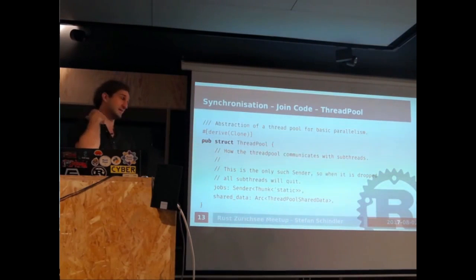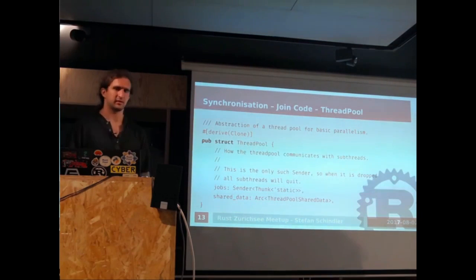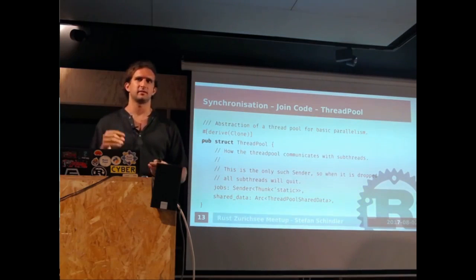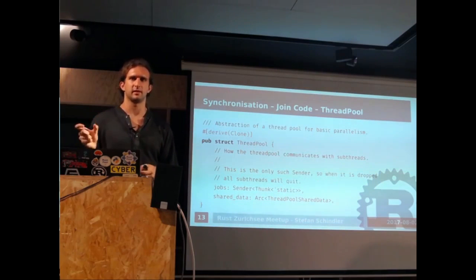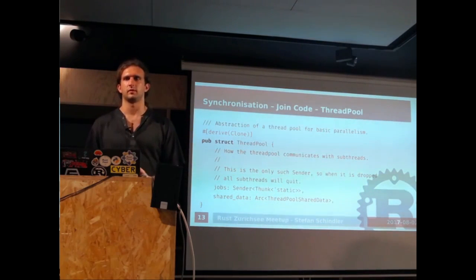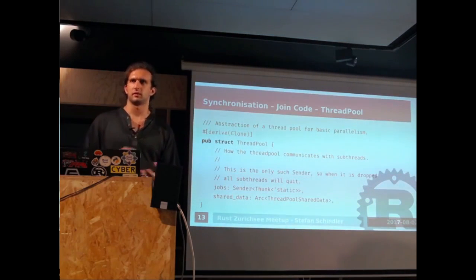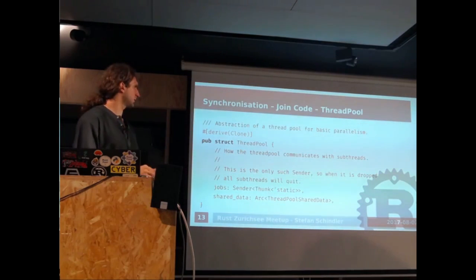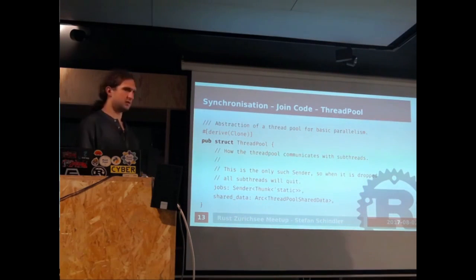Also, if you did use an Arc, it has the limitation that the stuff it holds is not mutable anymore, and you cannot change the stuff if you don't have a mutable reference. So an Arc would not be handy in this case.